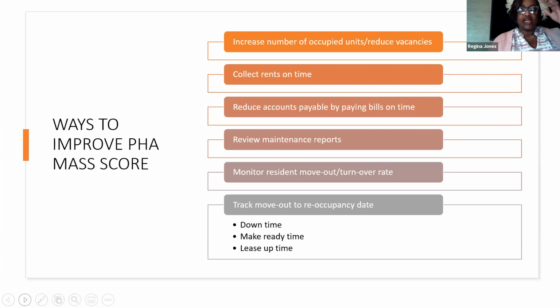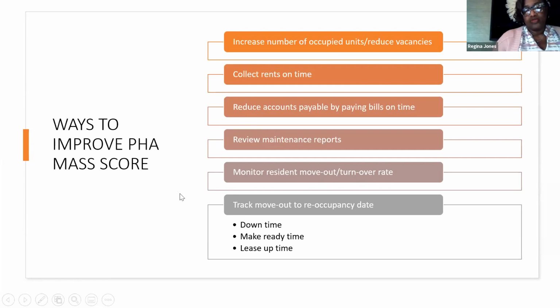Next, we're looking at ways to improve your MAS score. Pretty simple. Make sure you increase the number of occupied units or reduce your vacancies, collect rents on time, reduce accounts payable by paying your bills on time, review your maintenance reports, and monitor your resident move out and turnover rate.